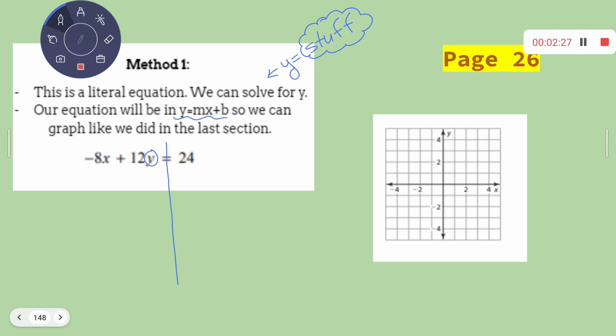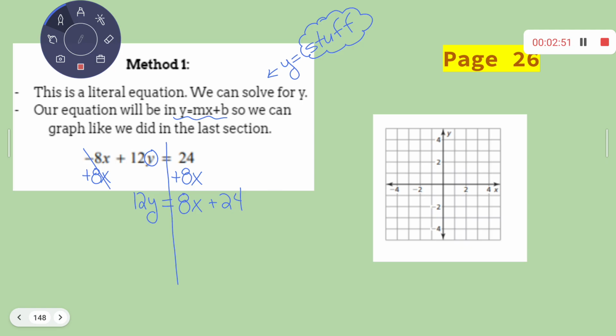The negative 8x is added, so we want to undo addition or subtraction first. We want that whole 8x to hop over the equal sign. Negative 8x and positive 8x make a 0. So I'm left with 12y equals, I'm going to write that 8x first because I want it to look mx plus b-ish.